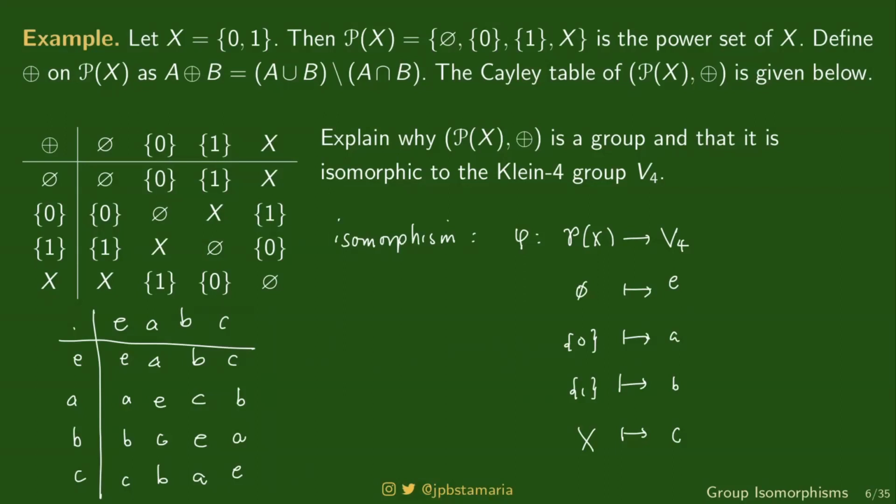So when you're told to show that this group is isomorphic to another, you just need to exhibit an isomorphism.